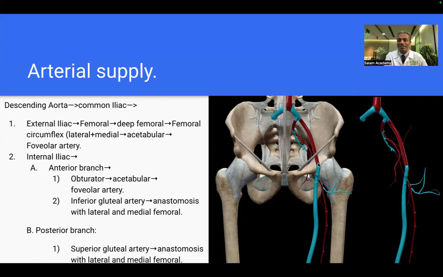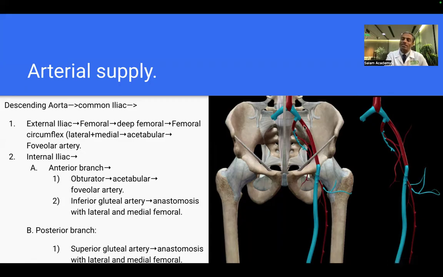The external iliac artery passes all the way downward to nourish the lower limb with enough blood supply through the femoral artery. We just change the name: as the external iliac artery passes underneath the inguinal ligament, it changes its name to the femoral artery.